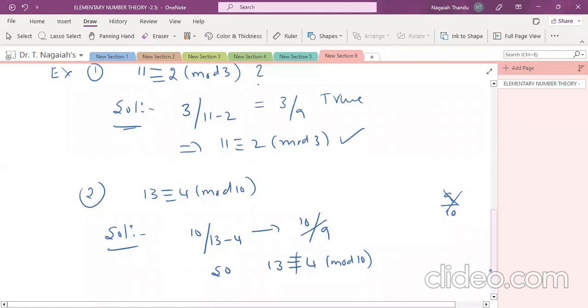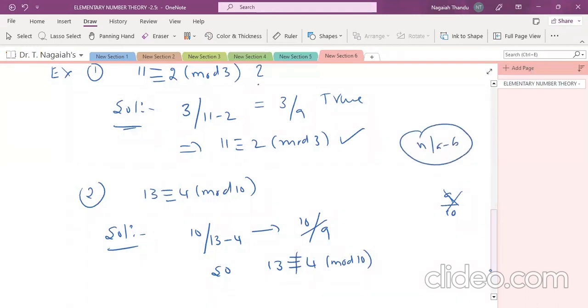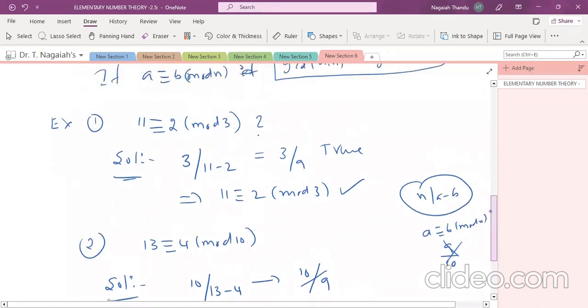So for this congruence relation to exist, n must divide a minus b, so that a is congruent to b modulo n. If you observe here, 11 is congruent to 2 modulo 3. Is 2 congruent to 11 modulo 3? So a congruent to b and b congruent to a.